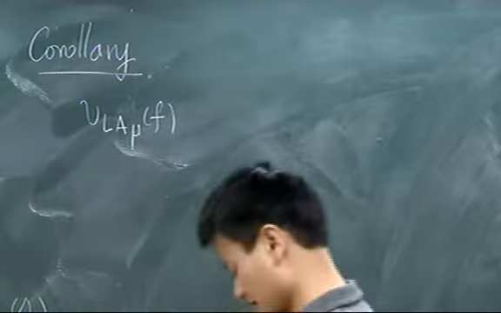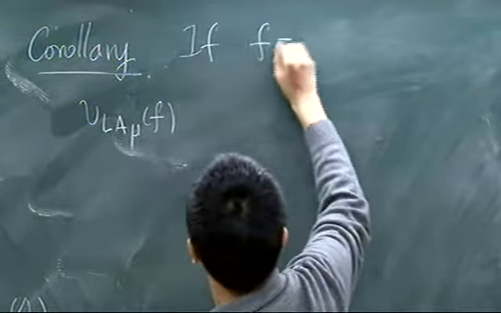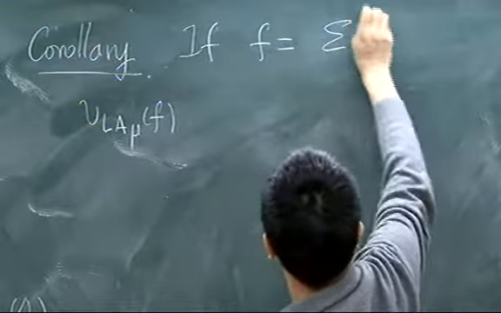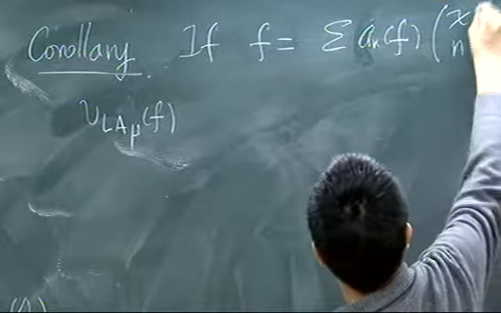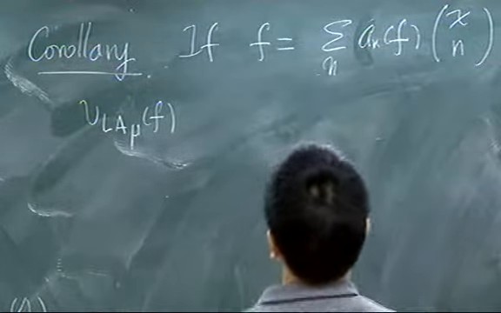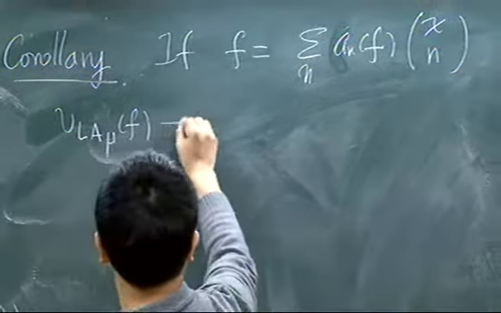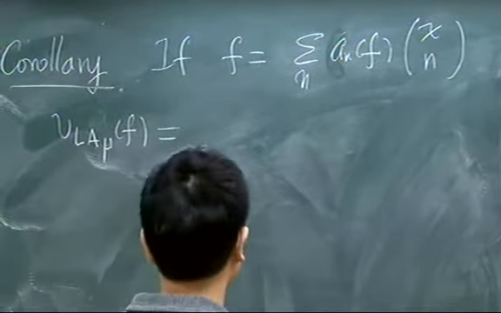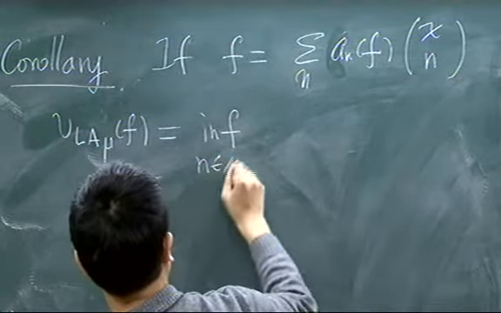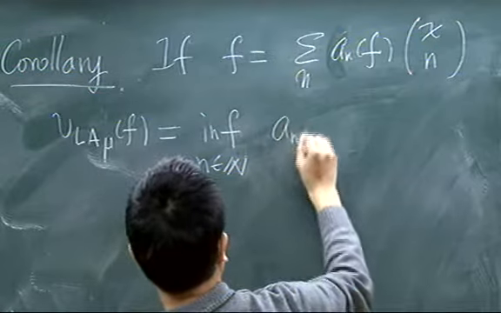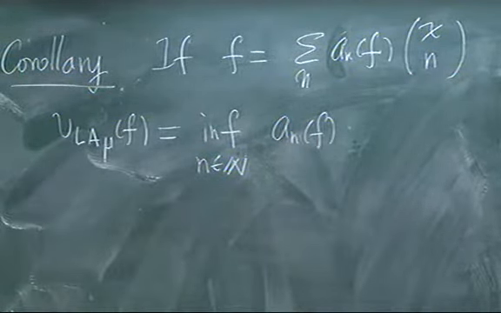What is this? If we can write it down like this, then this one is just the sum over n contained in N of a_n f times, what? Times this.